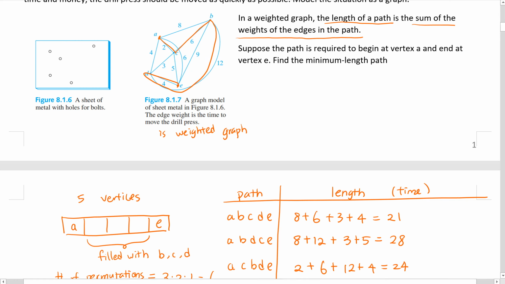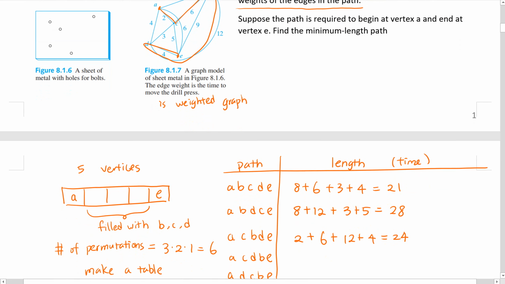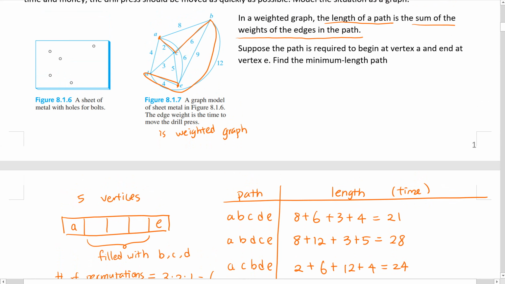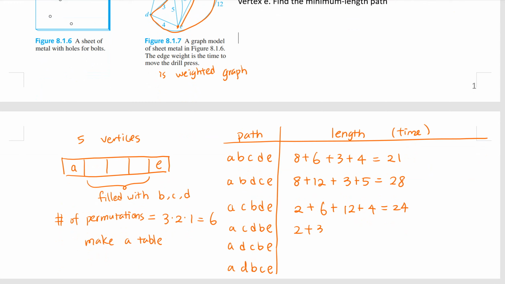We already did ACBDE, so we want ACDBE. That is 2, 3, 12, 9. That gives us 5, then 17, plus 9 is 26.